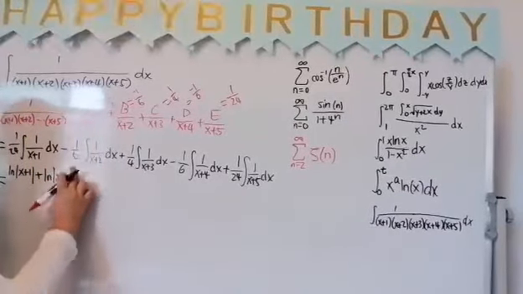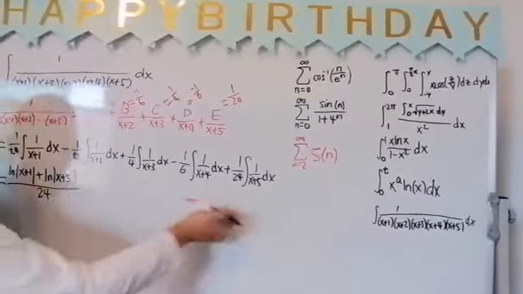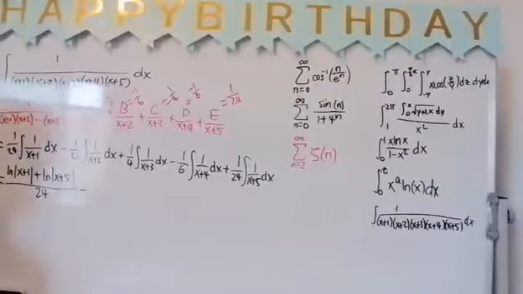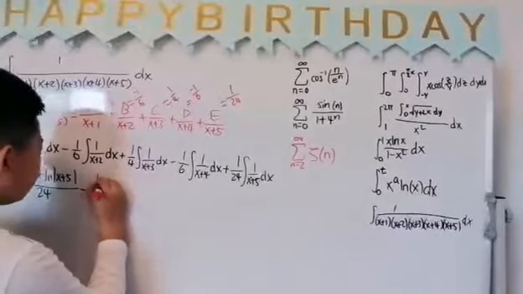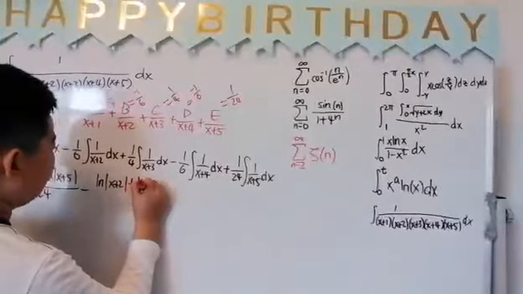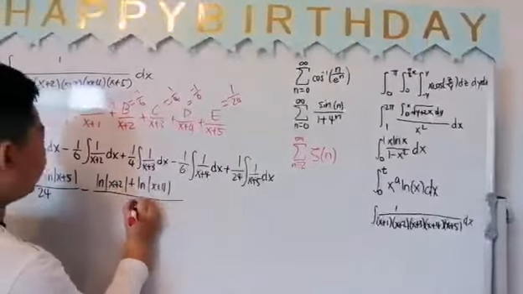And then, so this way, you can divide by 24, since these coefficients are all 24. And then you're going to have to subtract. This is going to be this natural log absolute value of x plus 2 plus the natural log absolute value of x plus 4. And you divide by 6.